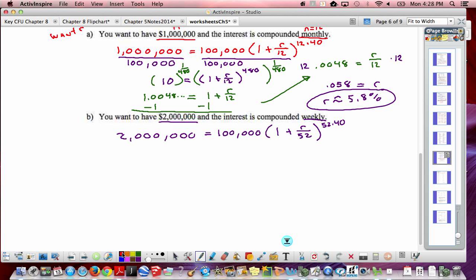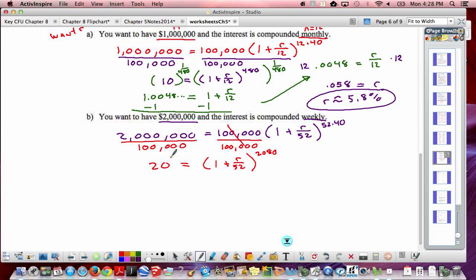Now, on this one, if I divide by 100,000, I get 20 is equal to (1 plus r over 52) to the, if I multiply the 52 and 40, I get 2,080.